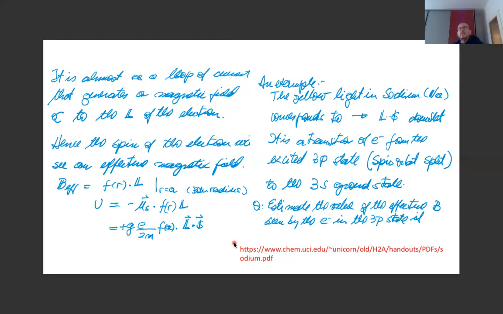But that effective magnetic field is not externally applied, meaning it comes from the motion. So naturally, if I include this interaction of the angular momentum with the intrinsic magnetic moment of the electron, I will get a splitting of the energies.